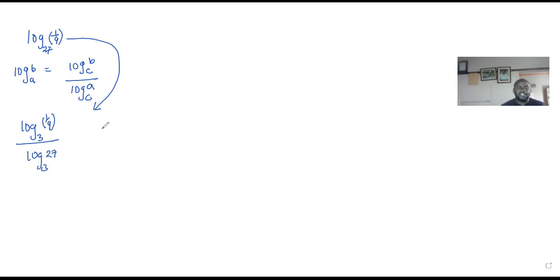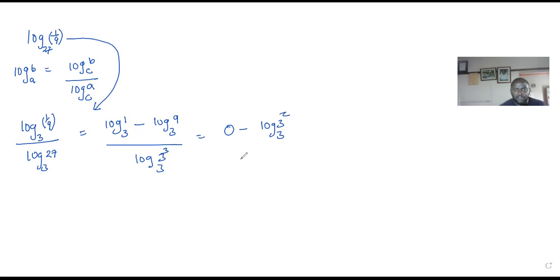Then you simplify. This will give us log to base 3 of 1. Division calls for subtraction, minus log to base 3 of 9, over log to base 3 of 3 power 3. This will realize 0 minus log to base 3 of 3 power 2 over log to base 3 of 3 power 3.